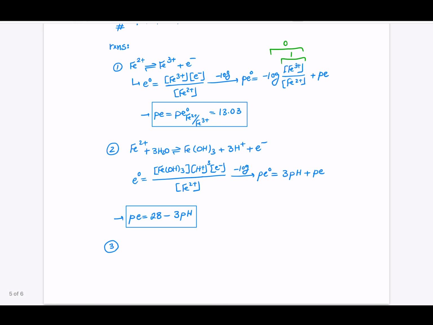So we would have FeOH2 oxidized to FeOH3. It needs 1 H2O, and this needs 1 proton and 1 electron. It is already standard, so eventually this would be pe0, which is 7.5, minus pH. That's another line which represents these 2 pairs.